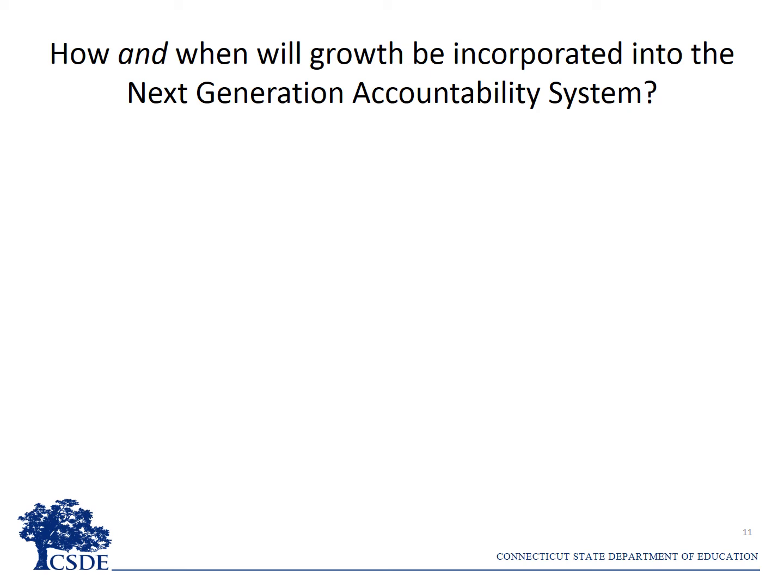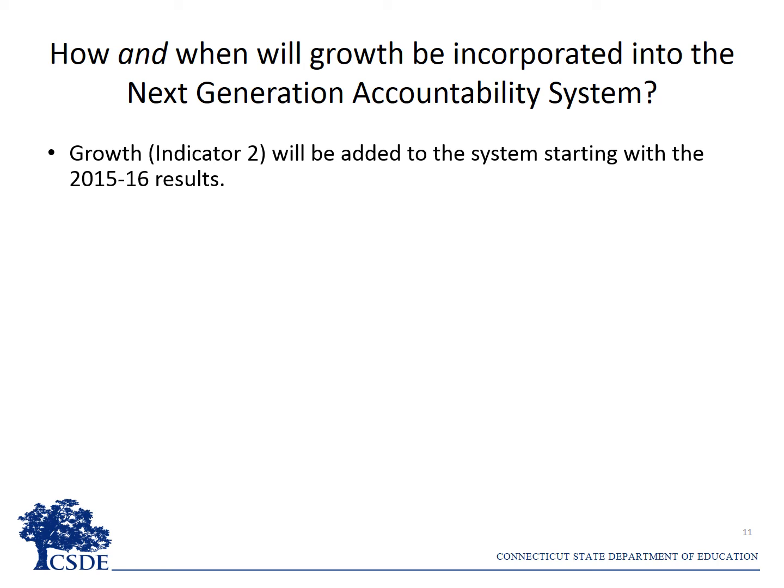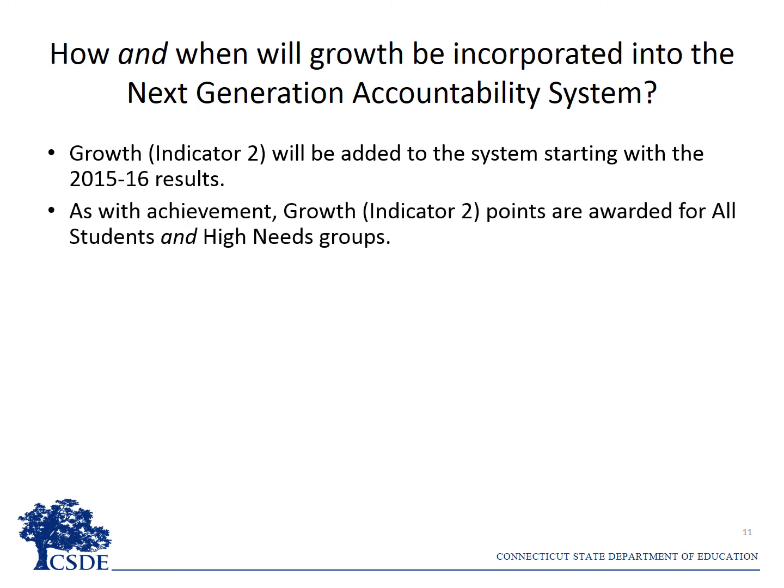Now let's look at how and when these growth results will be incorporated into the next generation accountability system for districts and schools. Growth is indicator 2 of the system. It will be added starting with the 2015-16 results.